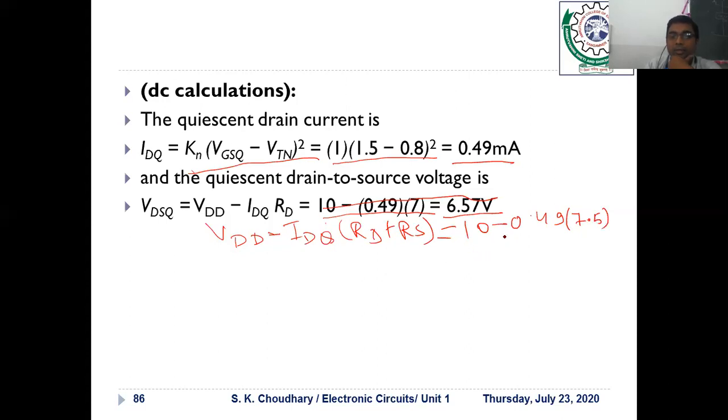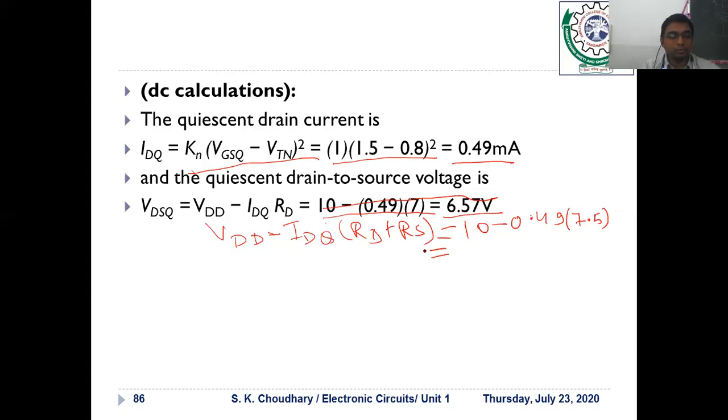Okay. Now solve this particular equation and tell me what is the value of VDSQ after this correction. RS is 0.5. You have to consider the effect of this.